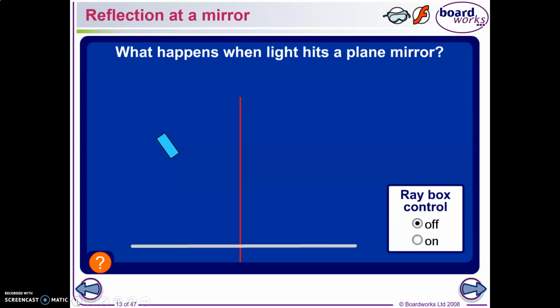If you have a source of light, let's pretend that this is a source of light, and this is the normal line. The light falls, and do you remember what we call that? We call that the ray of incident.